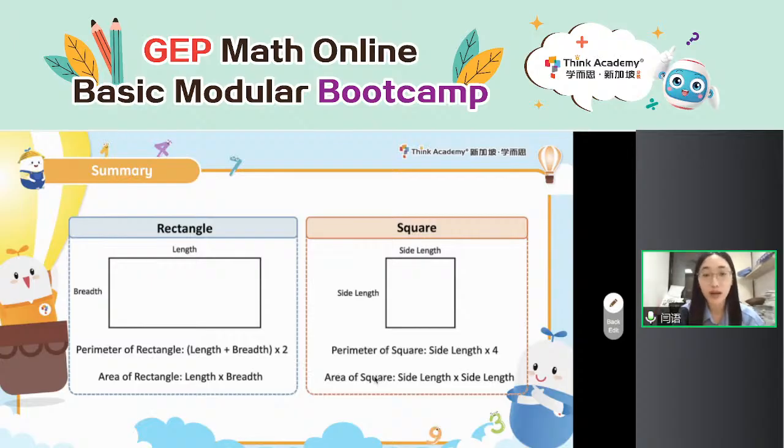When it comes to a square, the perimeter of square is side length times 4. And for the area of square, that is the side length times side length. Pay attention to the difference between perimeter and the area. Perimeter is for the outline, and for the area, it is for the space, okay? So totally the concepts are different.